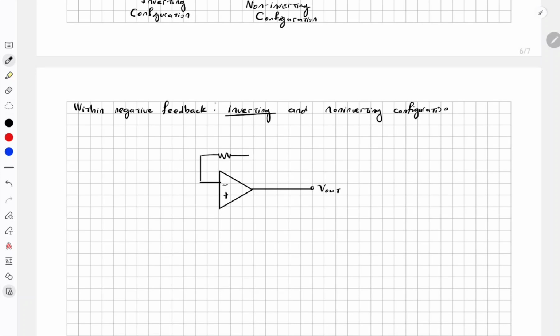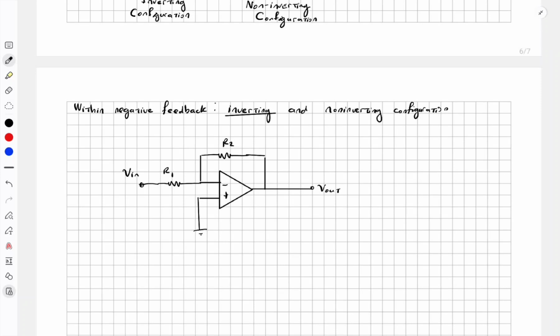So we are connecting the feedback to the negative terminal using a feedback resistor, and then we connect this positive input terminal to the ground, and then we have an input resistor here, and then we connect V in to the input.